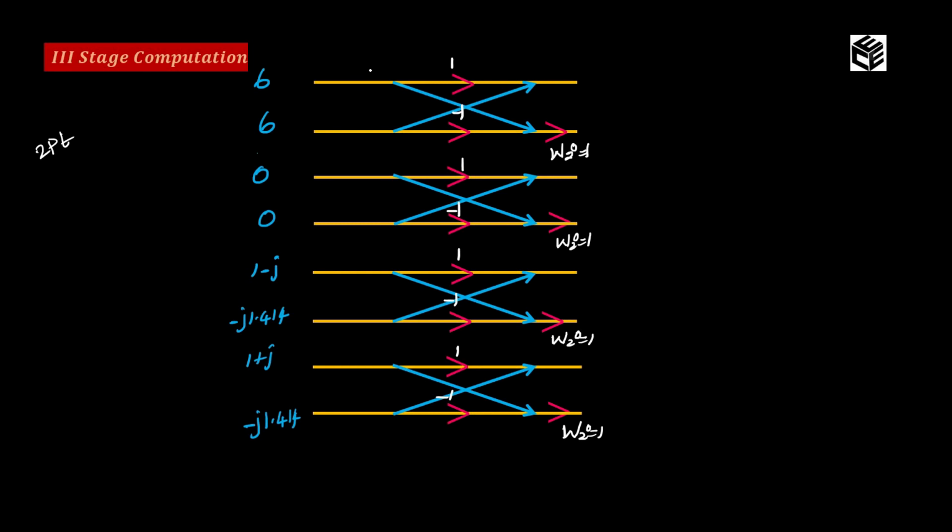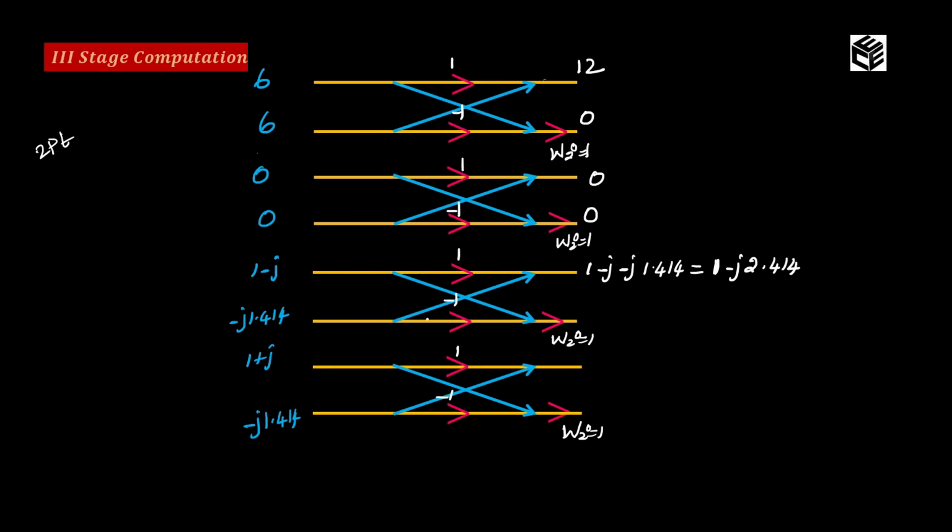Now I am going to find the output. 6 plus 6 is equal to 12. 6 minus 6 is equal to 0. 0, this is also 0 and this is also 0. And here it is 1 minus j minus j 1.414, which is equal to 1 minus j 2.414.